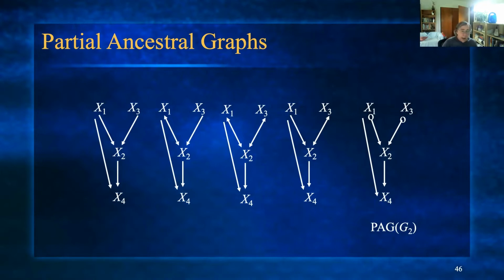And if you can tell that there is, as a matter of fact, no unmeasured confounding, that in turn typically enables you to determine the magnitude of the effect of manipulating one variable on another. So even from the PAG, there are cases such as with x2 to x4, where I would be able to estimate the effect of manipulating x2 on x4.